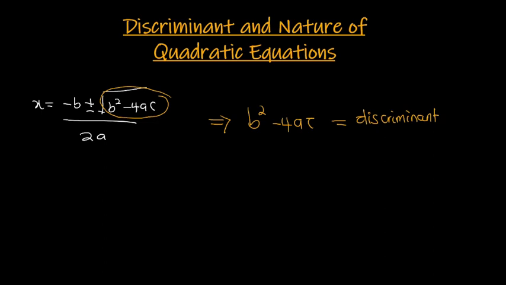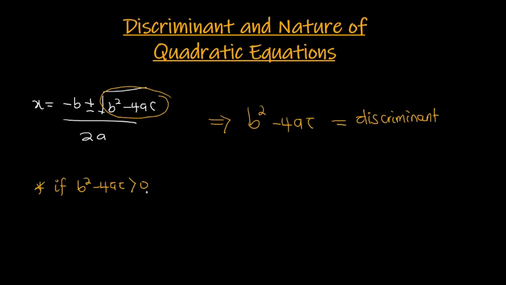So let's look at the conditions for us to determine whether a quadratic equation has no real root, complex root, or repeated root. Now, the first condition is if the discriminant, that is b squared minus 4ac, is greater than 0 or is positive.